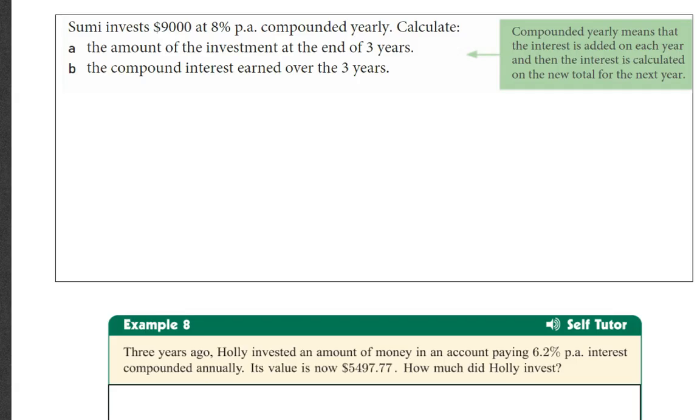Okay, the last page we're going to do. Sumi invests $9,000 at 8% per annum compounded yearly. Calculate the amount of the investment at the end of 3 years and the compound interest earned over the 3 years. Okay, we just did a question quite like this, so I'm going to let you have a go first. Stop the video and come back and check.